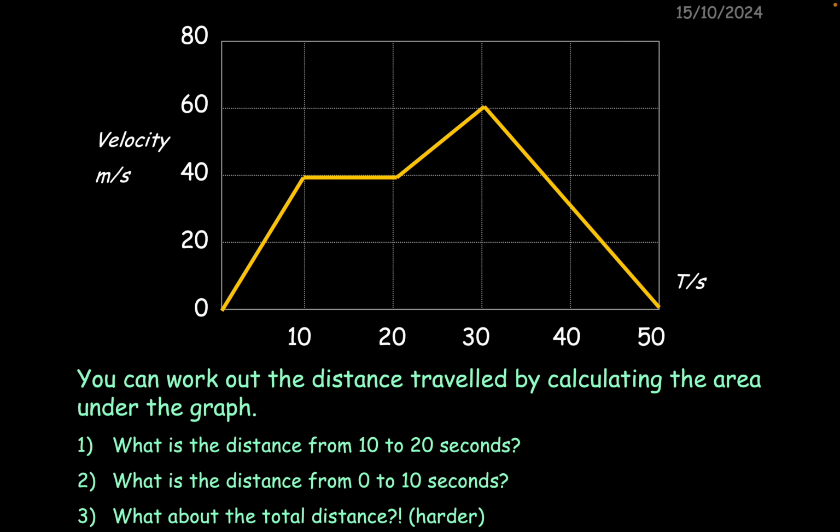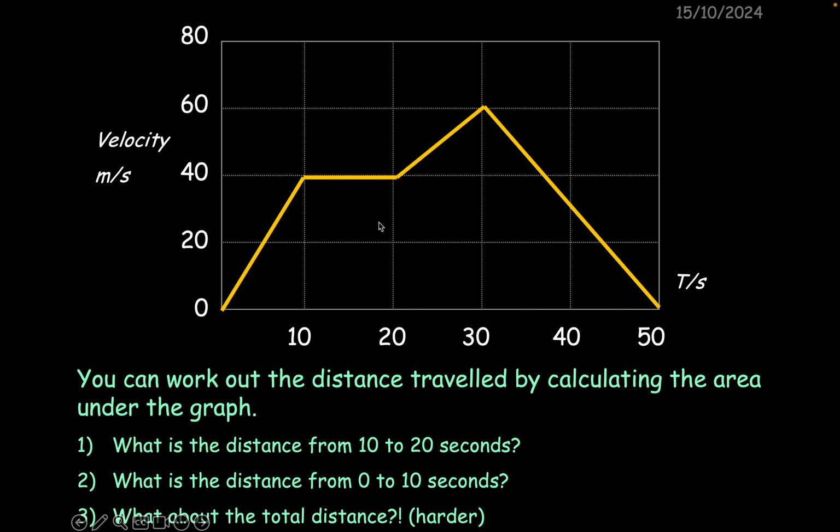Okay, so here's another velocity time graph with acceleration, constant velocity, acceleration, deceleration, and this time they want you to use the information given and work out the distance traveled. Now, if the steepness tells you the acceleration, the area under the graph gives you the distance traveled.